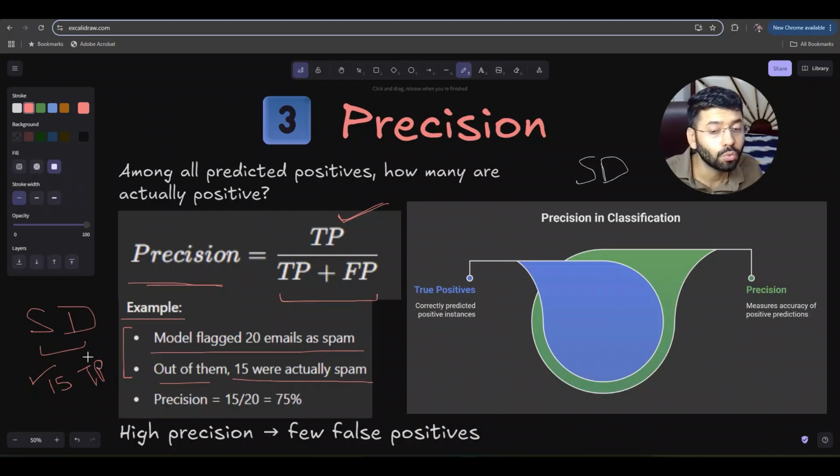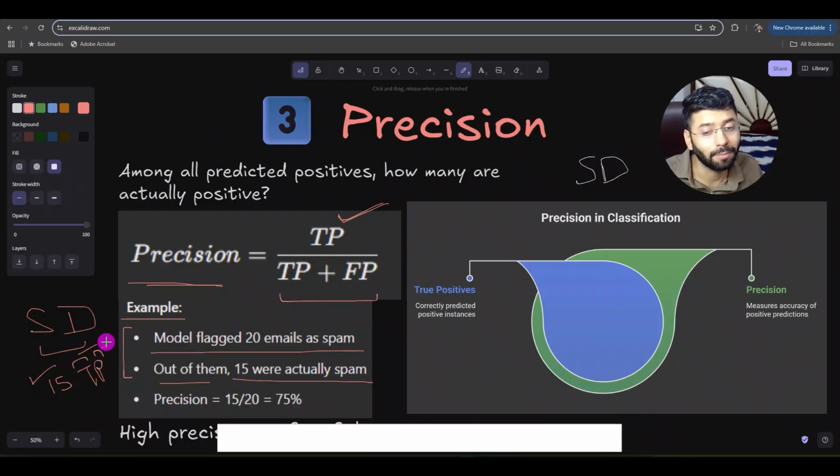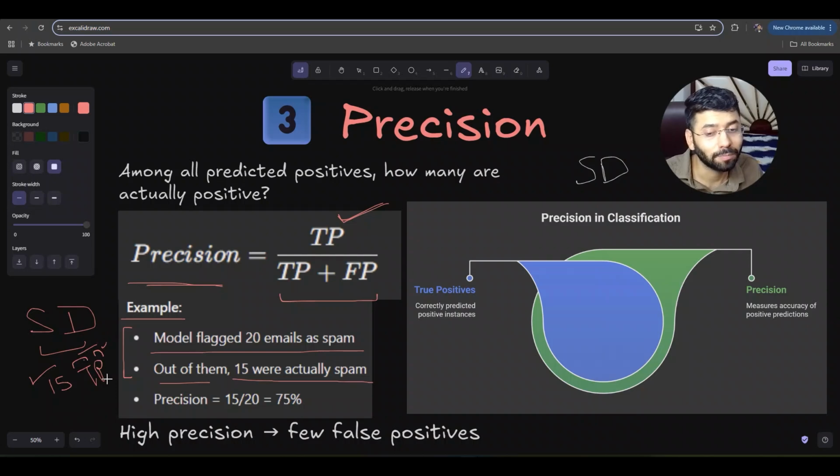Why? Because true positive means we did a correct prediction, and positive here means spam. So we correctly predicted spam. So 15 is TP because there were 15 actual spams, right? And out of 20, the remaining 5 will be false positives. Why false positive? Because false here means we incorrectly predicted spam. We predicted spam, but it was not spam, so it was a false positive.